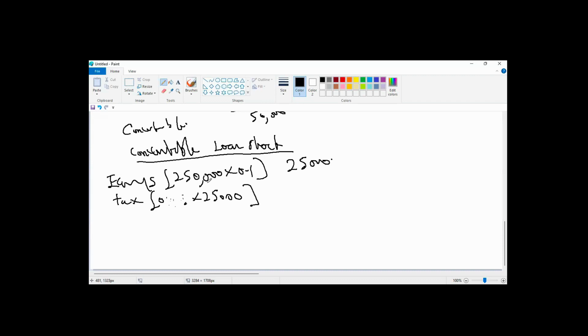So 40% of how much? That's 10,000 naira.